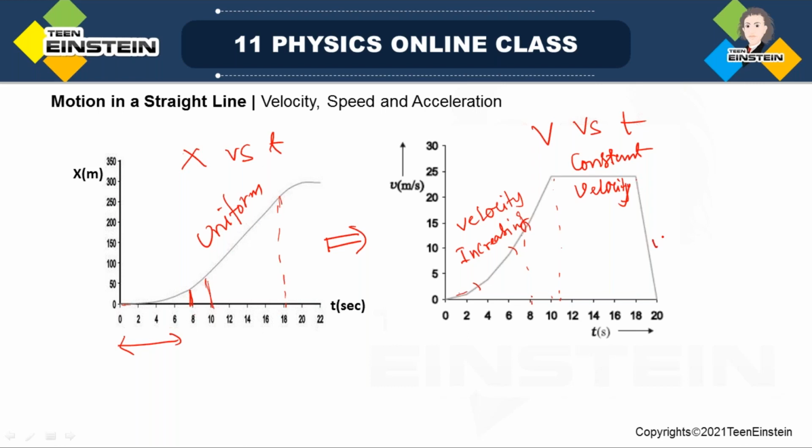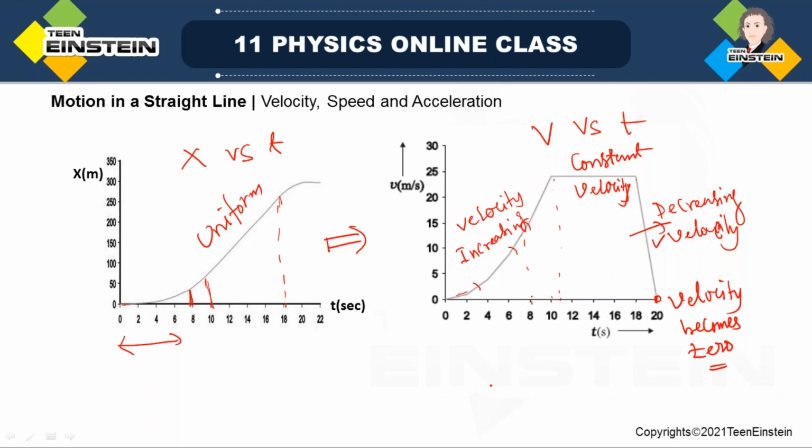So you can see this is the decreasing velocity, and exactly at 20 it becomes 0. So here velocity becomes 0.